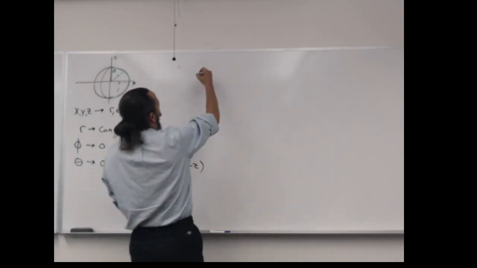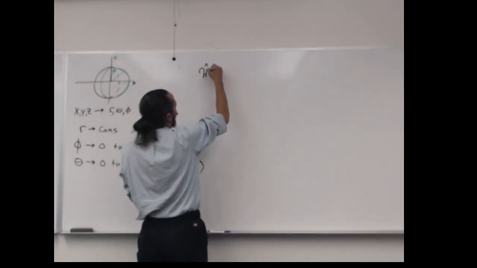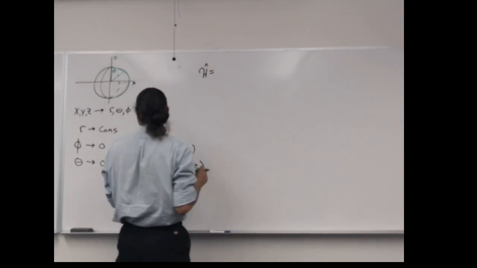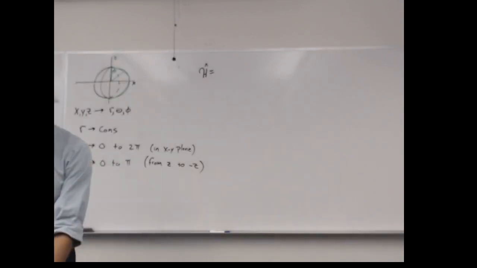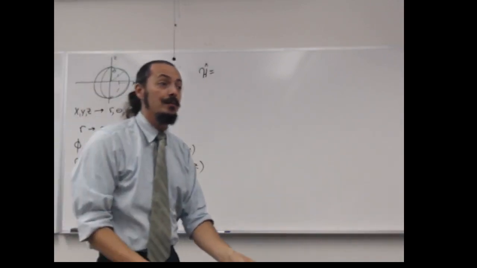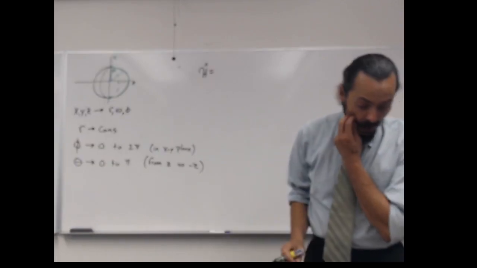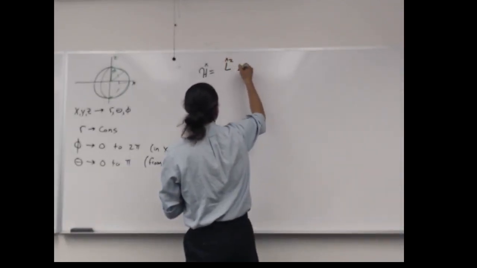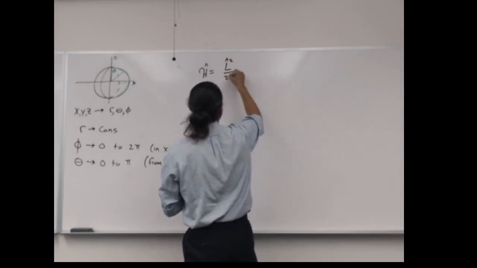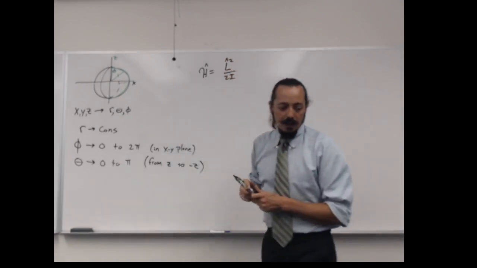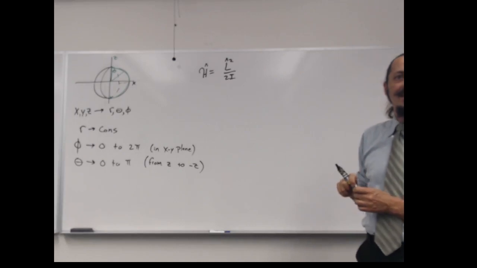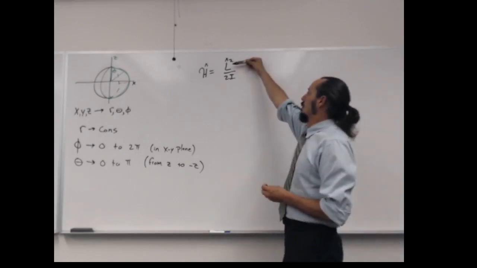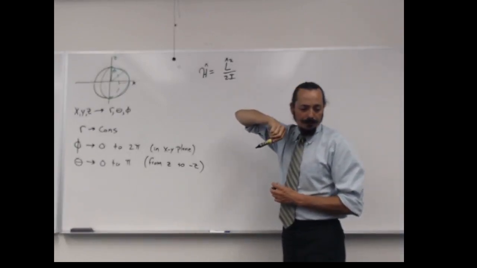Okay. Our Hamiltonian is going to take into account this idea of rotating through space rather than just moving along a line in space. And what that means is we're going to use something that's a little bit new. We're going to use this L squared angular momentum operator.